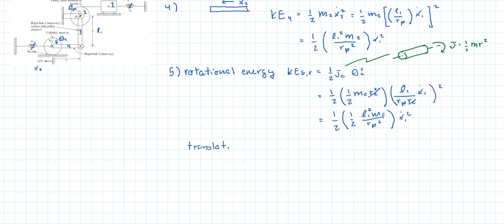So translational energy, KE5 sub T. Well, that simply equals 1/2 times the mass of the cylinder times x dot sub 2 squared.